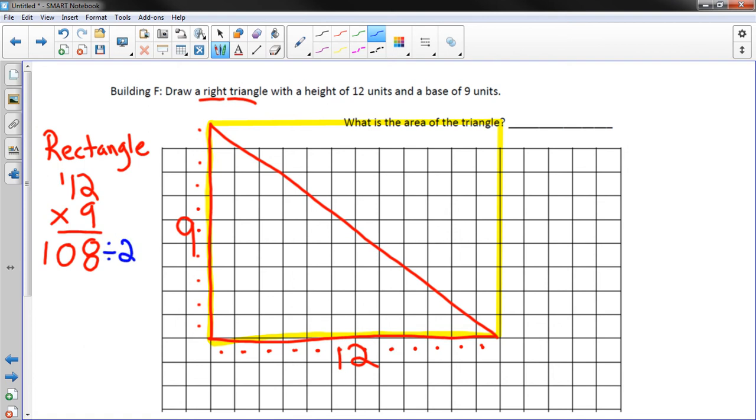So what's half of 108? I believe it's 54. So the area inside is 54.